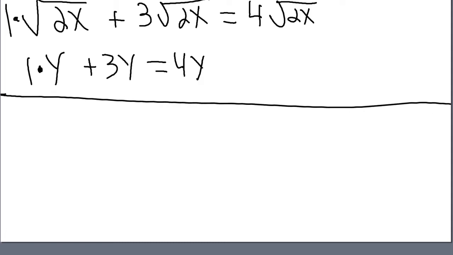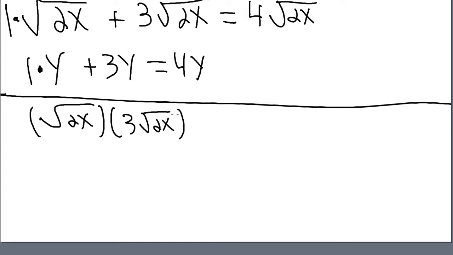So if we were to take maybe our example again of the square root of 2x, and instead we were to multiply it with 3 times the square root of 2x. Well, let's imagine if we did this with the y's.